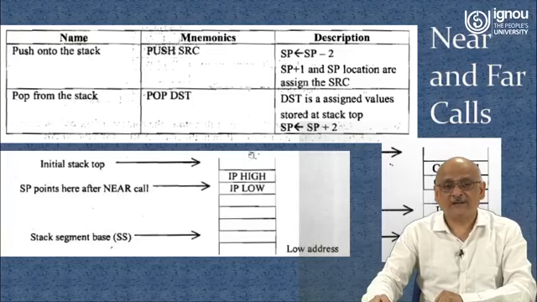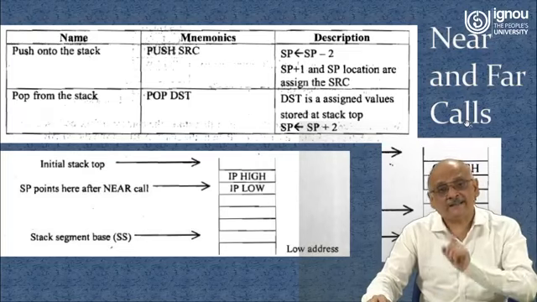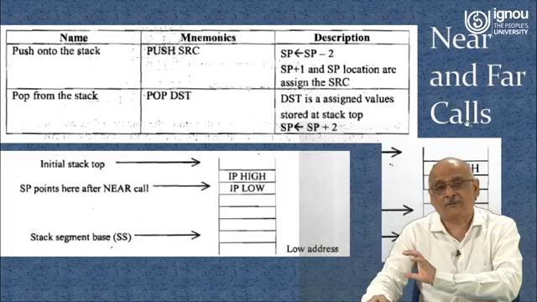In the near procedure call, my instructions are within the same code segment. However, there is a possibility when my code segment makes a call to a procedure which is not in the same code segment but a different code segment.